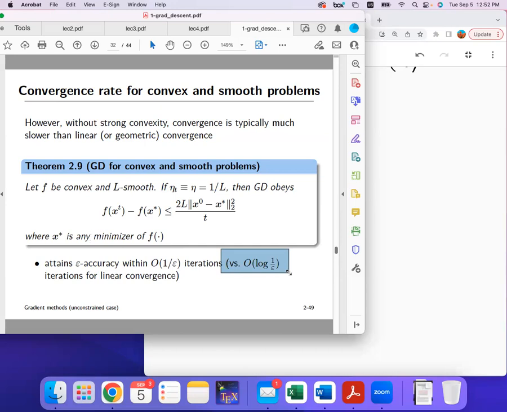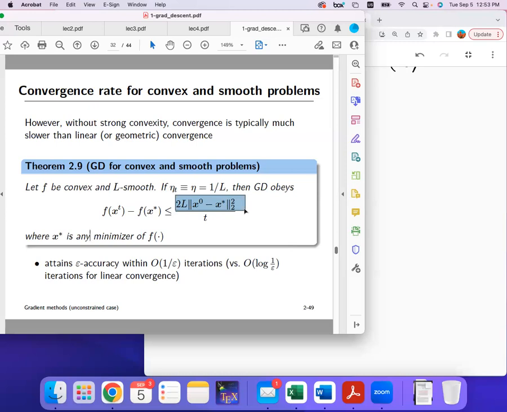So if you compare these two, obviously log 1 over epsilon is much smaller compared with 1 over epsilon. Big O is like ignoring all the constant terms, so it's some constant times log 1 over epsilon.